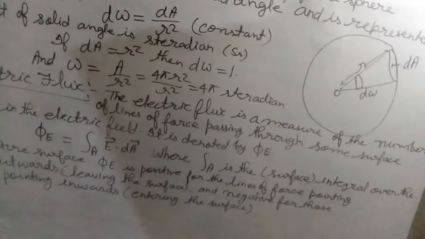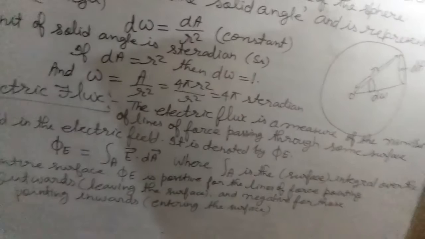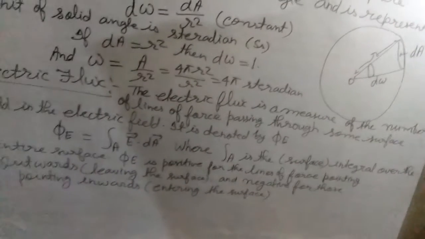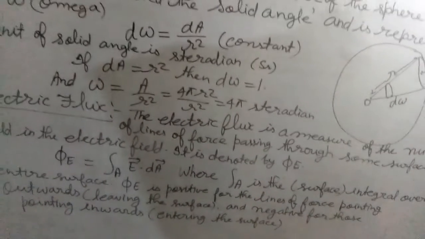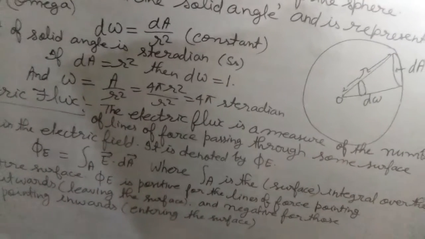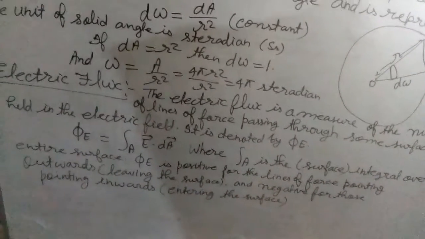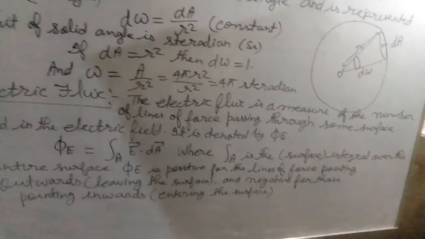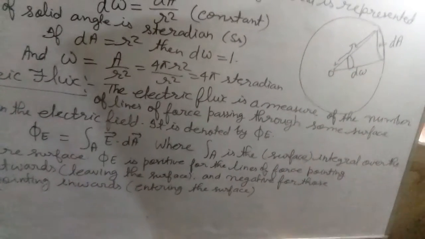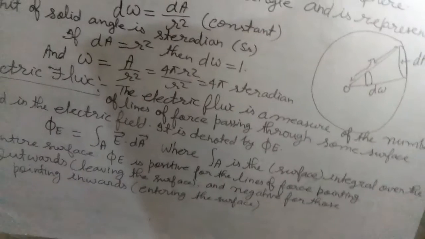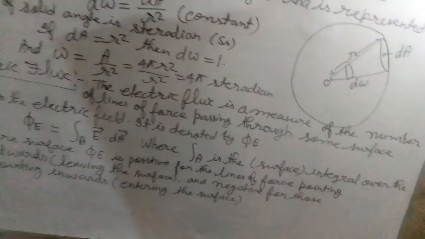Then we can write that omega equal to A upon R square equal to 4 pi r square upon R square equal to 4 pi steradian. Steradian is the unit of solid angle, as radian is the unit of plane angle.